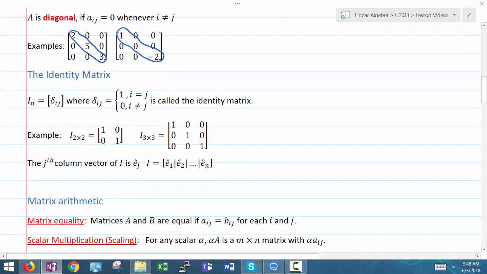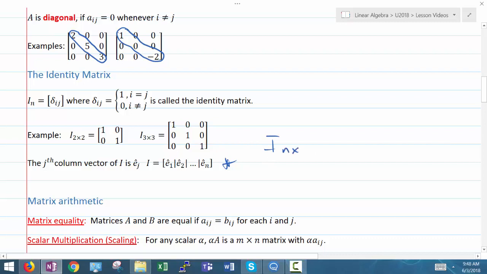The identity matrix is simply a diagonal matrix where all the values on the diagonal are 1. We've talked about this before already. And notice that the columns of the identity matrix are e1, e2, and e3. These are going to be the standard vectors for R^n when I is an n by n.